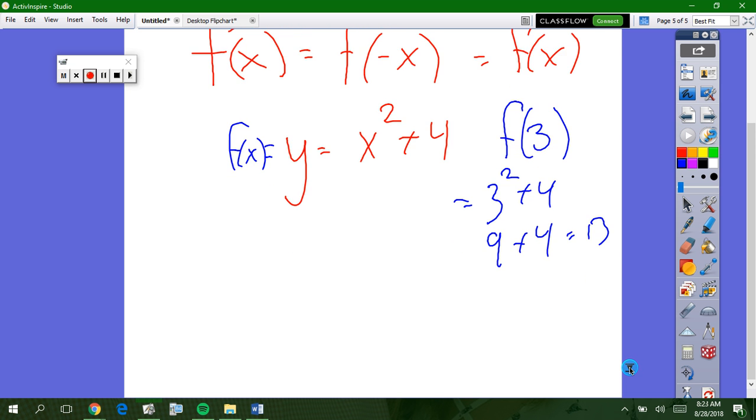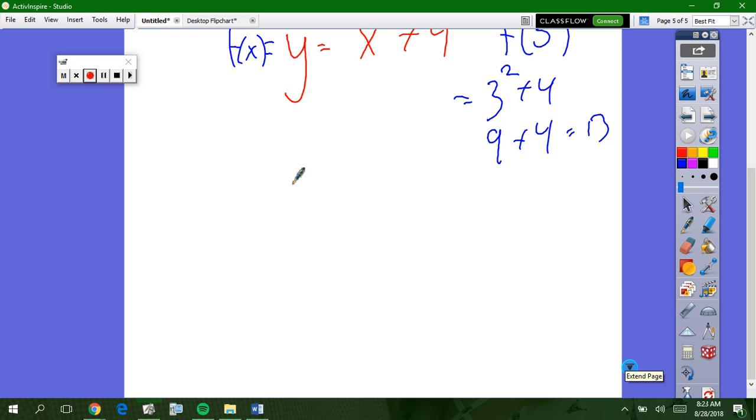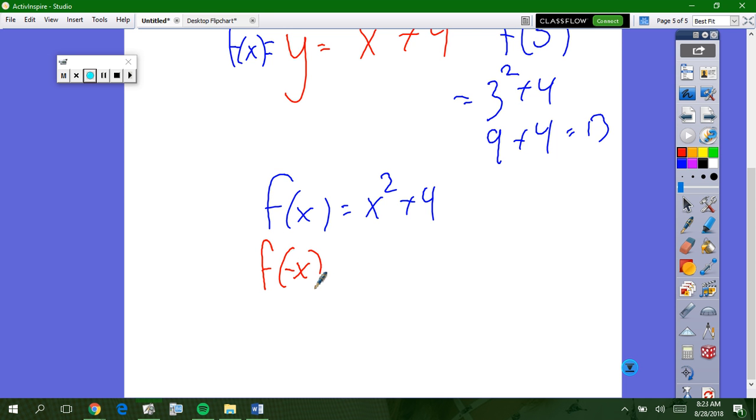Okay. But remember, once again, here's our equation. Is this an even function? So how do we prove that it is? We replace x with negative x.